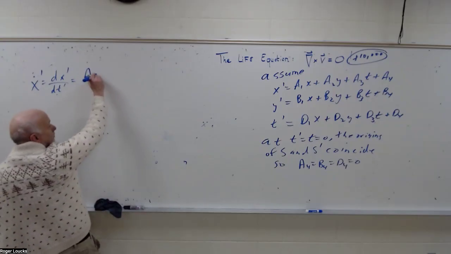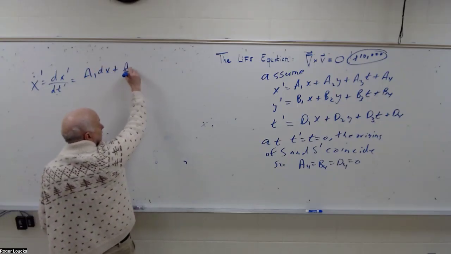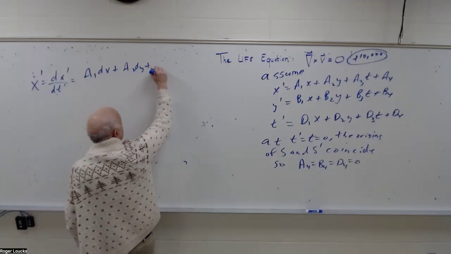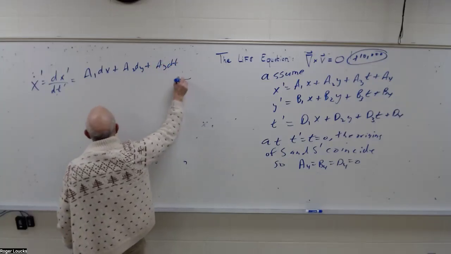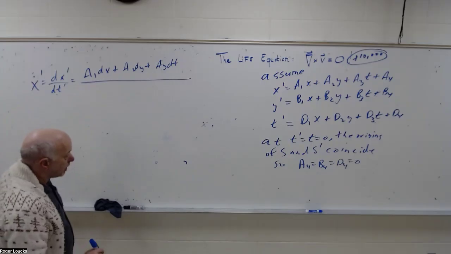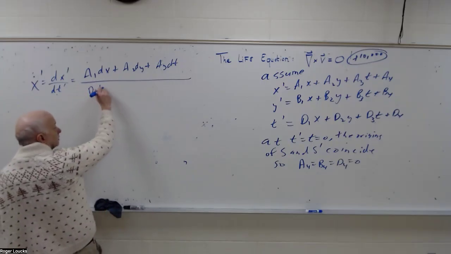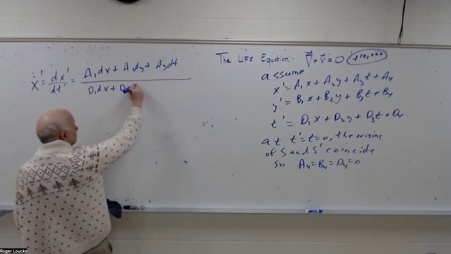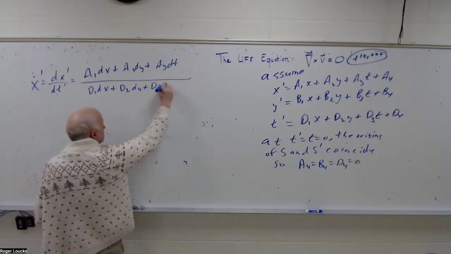So this is A1 dx plus A2 dy plus A3 dt, and then we divide through this by dt prime, which is D1 dx plus D2 dy plus D3 dt.